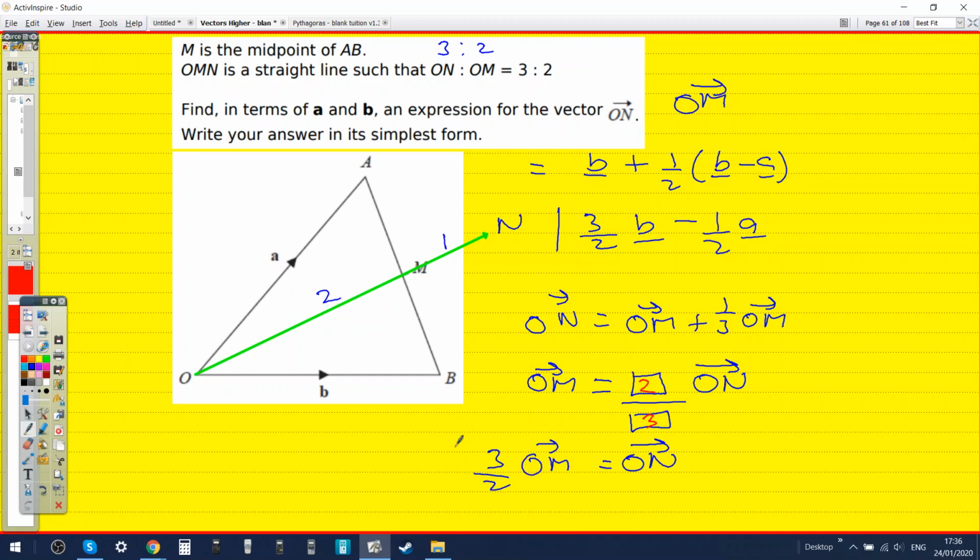And so, what do we do next? Add that to 3/2 B minus a half A. Well, we don't have to add it, we can just do it directly. So O to N is what we're trying to find, and it's just 3/2 of O to M. We said O to M was this, and so it would just be 3/2 of what we got before.